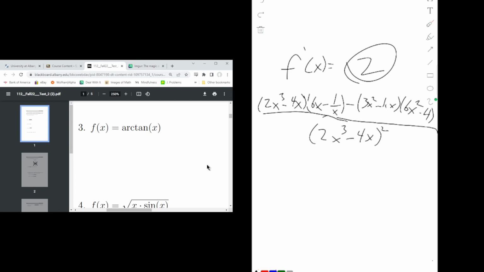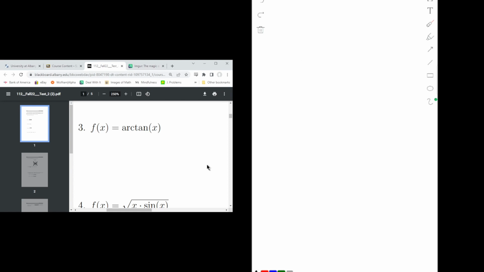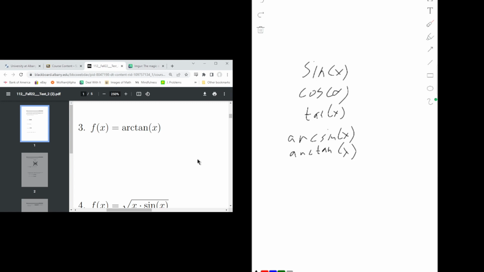Anyway, number 3, the other 4 being sine, cosine, tangent, as well as arcsine and arctangent. All of these can be found in Chapter 3 of your textbook, so you should look up their derivatives.